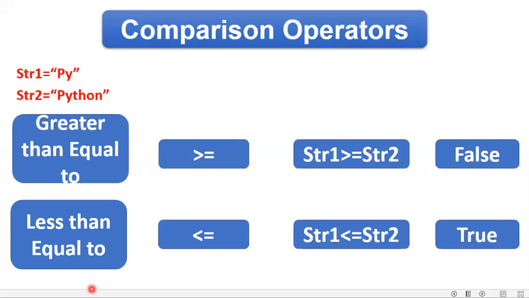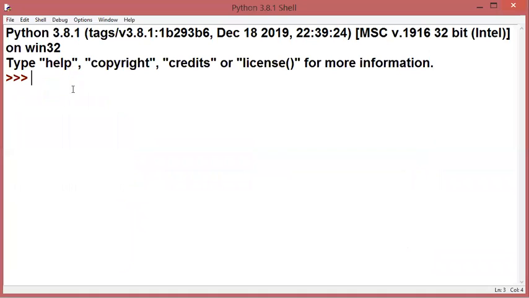Let us understand each and every operator with the help of an example. I'm going to take str1 equal to capital Hello and str2 equal to small hello. Now what is the difference between these two strings? As we have discussed in another example, now we are going to discuss some other things.